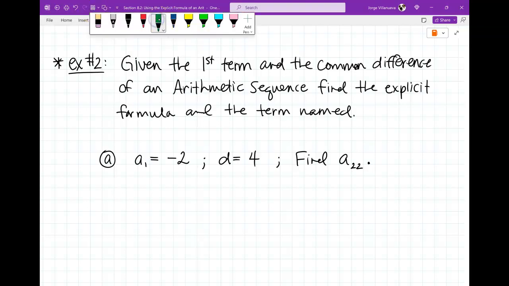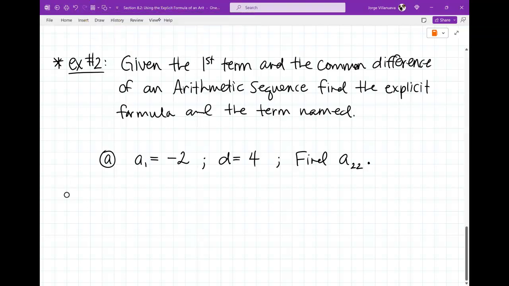Now I want to remind you guys, there's 2 formulas that we can use. Okay? So the first one, the shortcut. All right? So look at the shortcut formula.